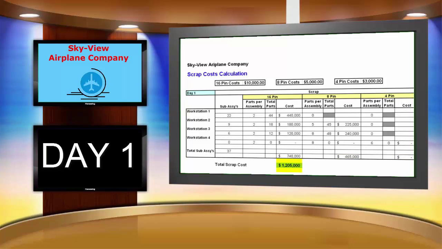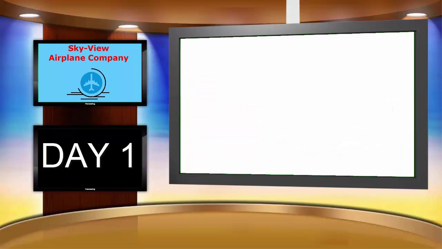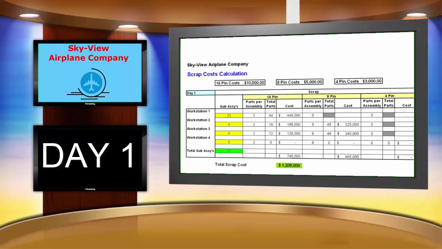The total scrap cost is calculated to be $1,205,000. If SVI had sent us the wrong type of steel, the manner in which we produce airplanes in day 1 would have cost our company $1,205,000. It makes sense that we should keep the number of sub-assemblies between our workstations as low as possible.